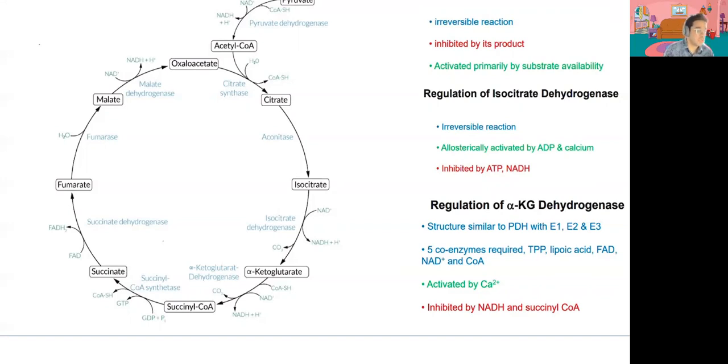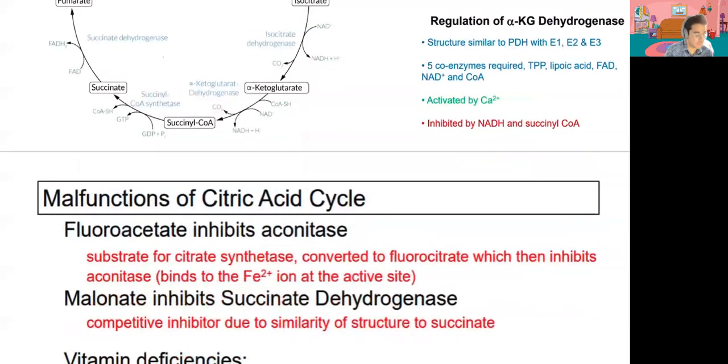What about if it's activated by calcium? Why does that make sense? That's because your body's like, hey, I'm using up all this calcium, you might as well upregulate the enzymes here in the mitochondria to make sure that you're pushing this cycle forward. Obviously, it's going to be inhibited by NADH and succinyl-CoA. And succinyl-CoA, remember, is a product that you created from the TCA cycle.